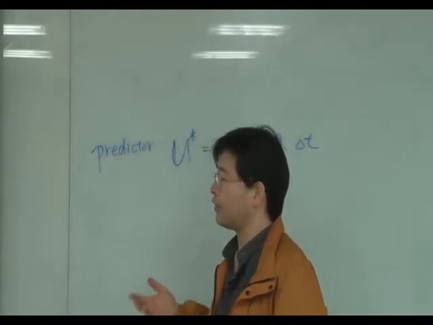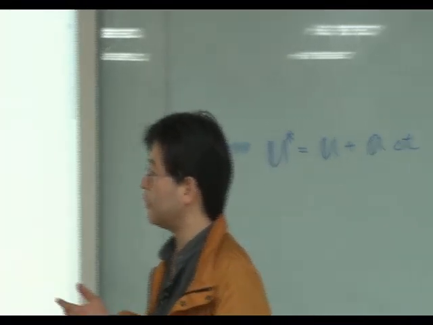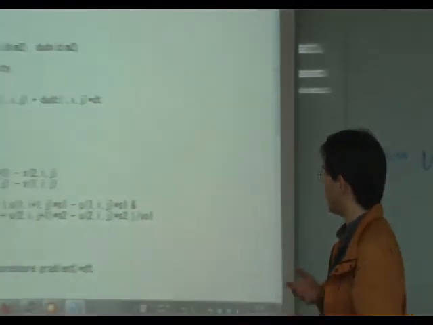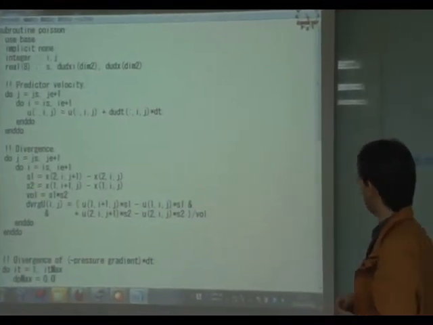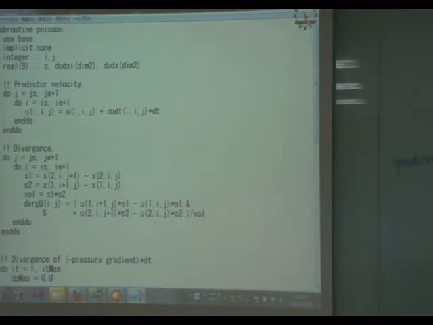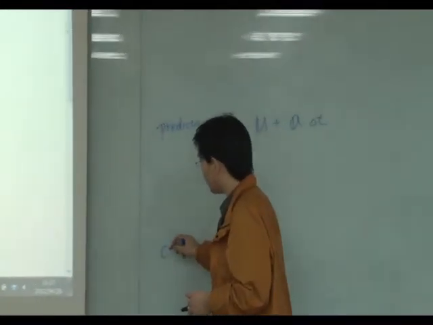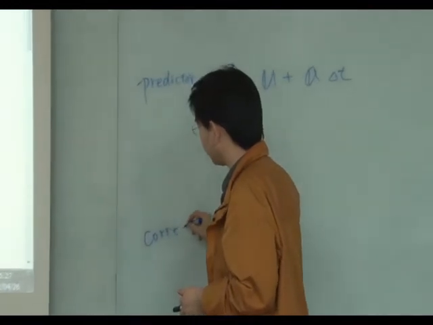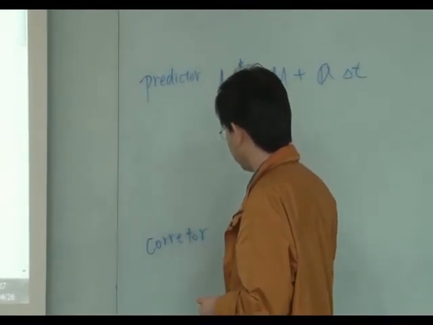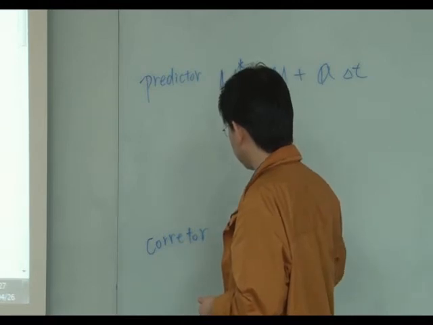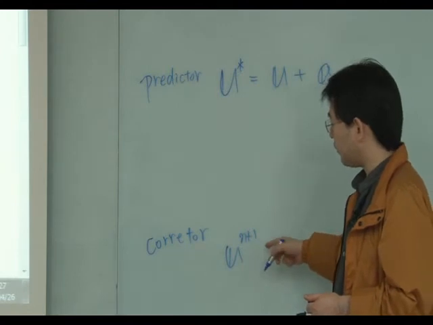Then we calculate the required pressure distribution to satisfy the mass conservation law, divergence free field. Then we get the corrector, the velocity field of the next step.